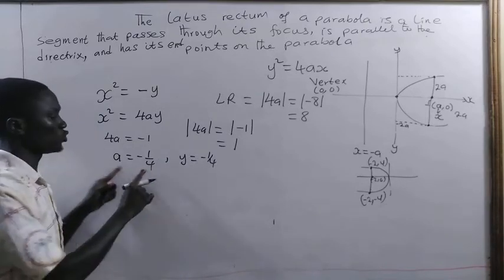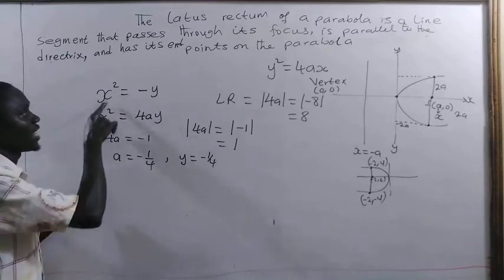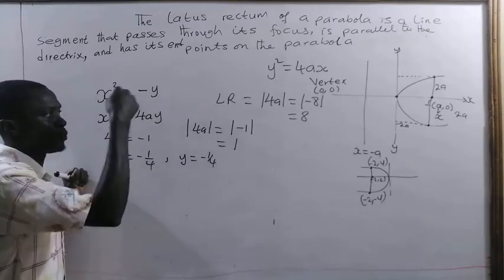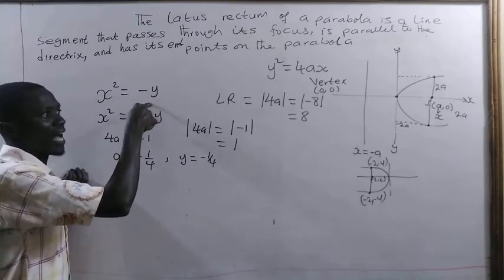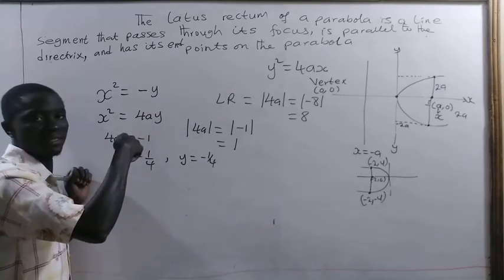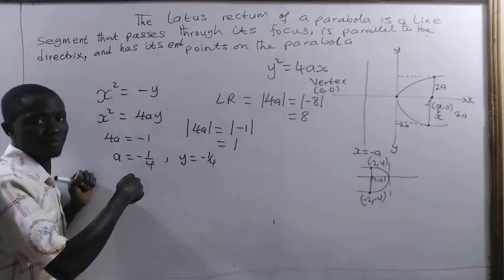Take a very good note of this, not x equal to, because here we have x squared equal to negative y. So this means that the parabola has its axis of symmetry on the y-axis.